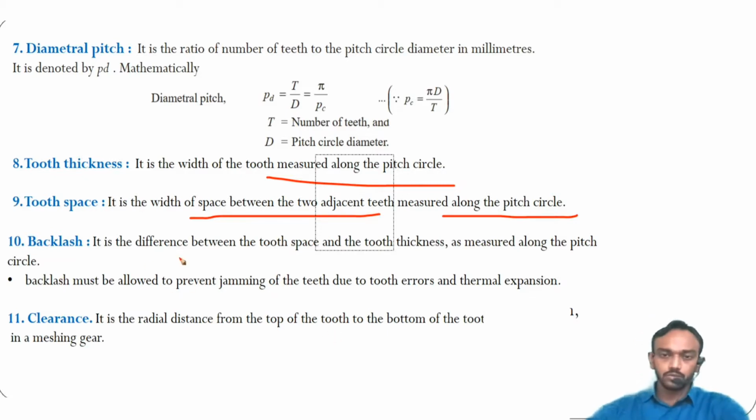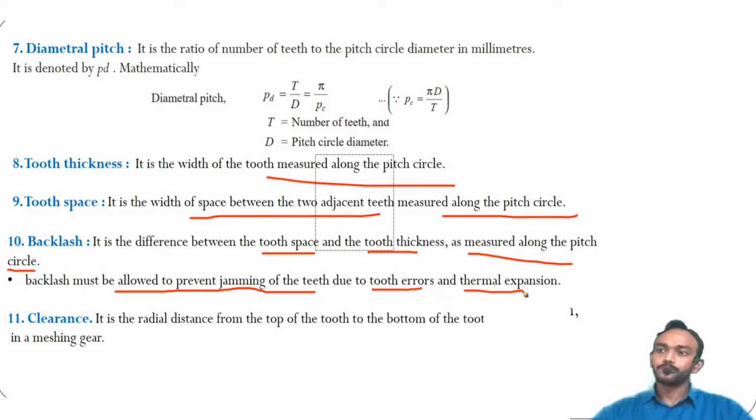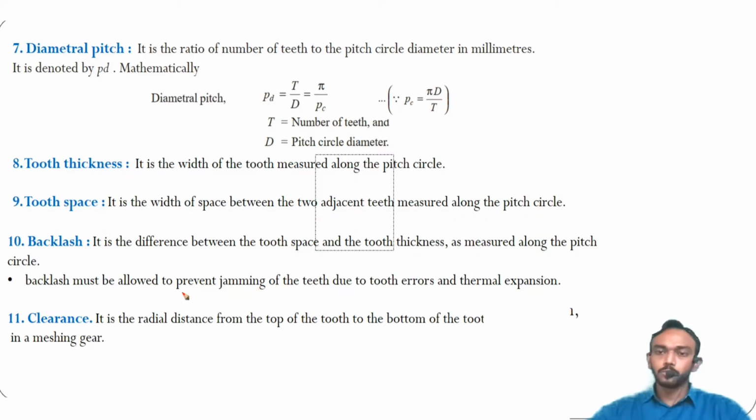Backlash is the difference between tooth space and tooth thickness measured along the pitch circle. Backlash is always allowed to prevent jamming of the teeth due to tooth error or thermal expansion, so it needs to be provided for better working.